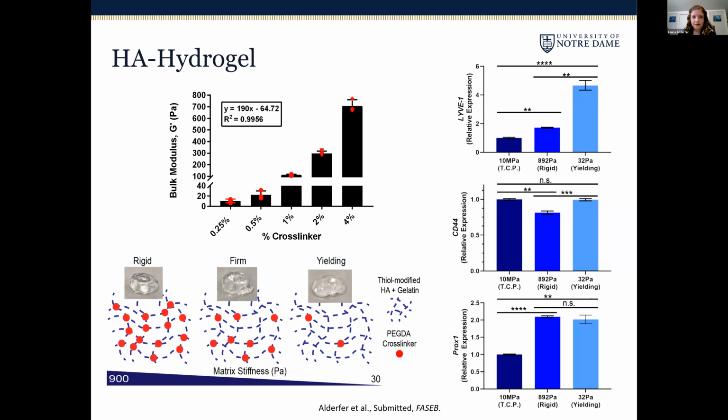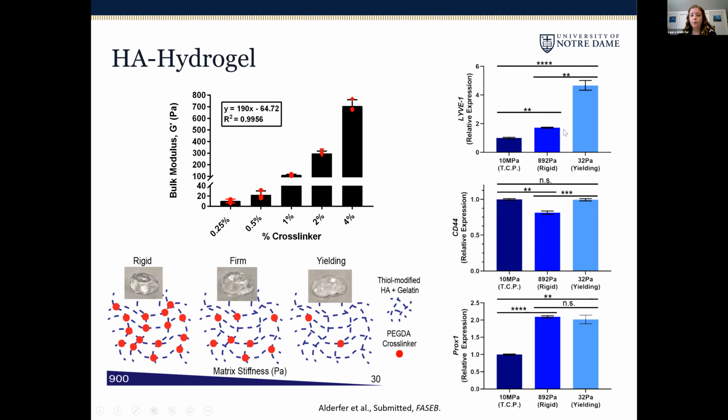So based on the markers on our LECs, we chose an HA system, and we use a PEG-DA crosslinker, which allows us to precisely tune our mechanics while keeping our other components the same. We're keeping our gelatin and HA fixed in order to keep all of the integrins and binding sites constant while just changing the stiffness. And then interestingly, we see that the expression of our LECs is changed as a result of only the mechanics.